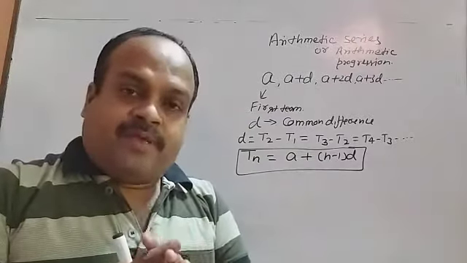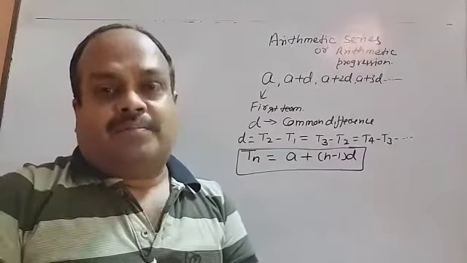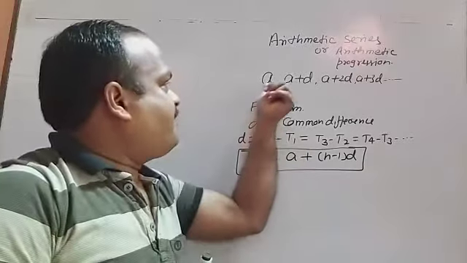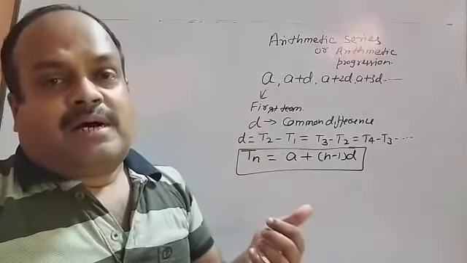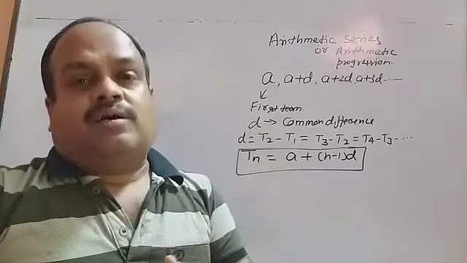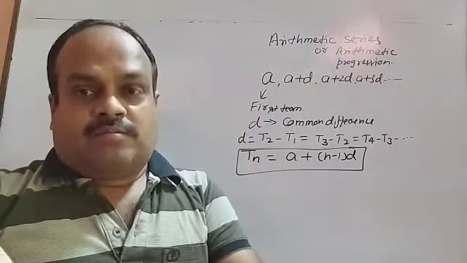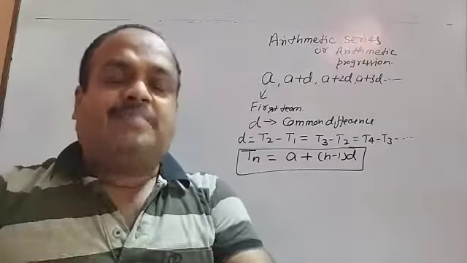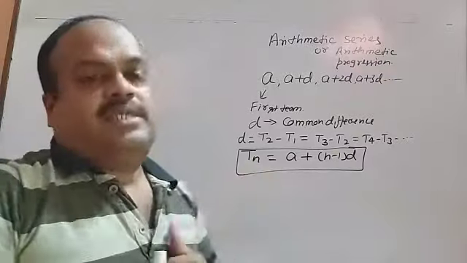So if we know the first term of an AP, which is a, and the common difference of the AP, which is d, we can find out a term placed at any place using this formula.